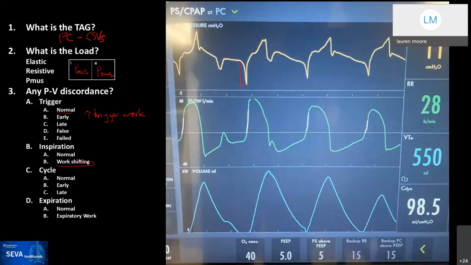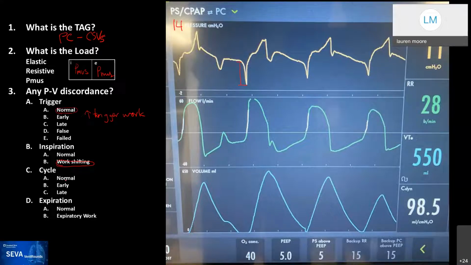And then eventually there's the peak at the end of the pressure waveform, and you start wondering if this is early cycling, delayed cycling, or if this is basically the vent trying to adjust for the pressure swings with the patient effort. And I can't really see the number on the pressure waveform to see if it's peaking too high or not.